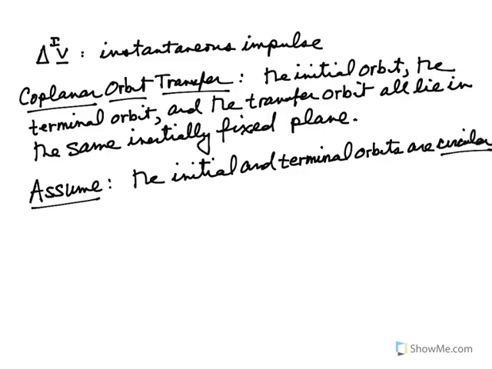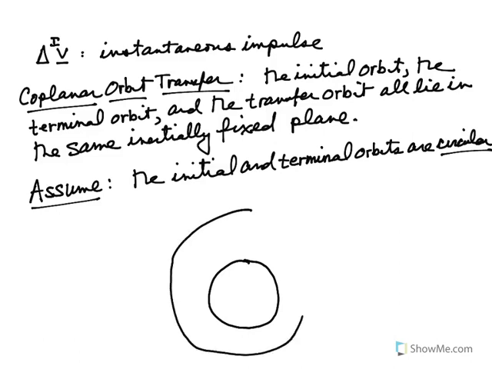It's important they're circular. So when we do that, we actually get a diagram that looks as follows. So here's the initial orbit, and here's the final orbit, or the terminal orbit.